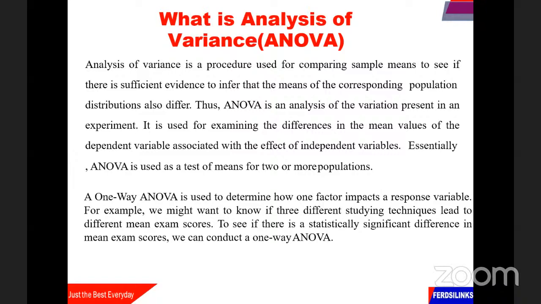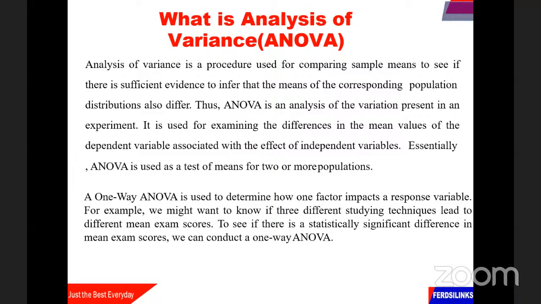So with ANOVA, our interest is to see which of the groups is significantly different from the others. Are all the groups significantly different, or are there some groups that are similar and one is not? For instance, we have classes 5A, B, C, D, taking the same course but taught by different teachers. You may want to evaluate if their performance is the same.